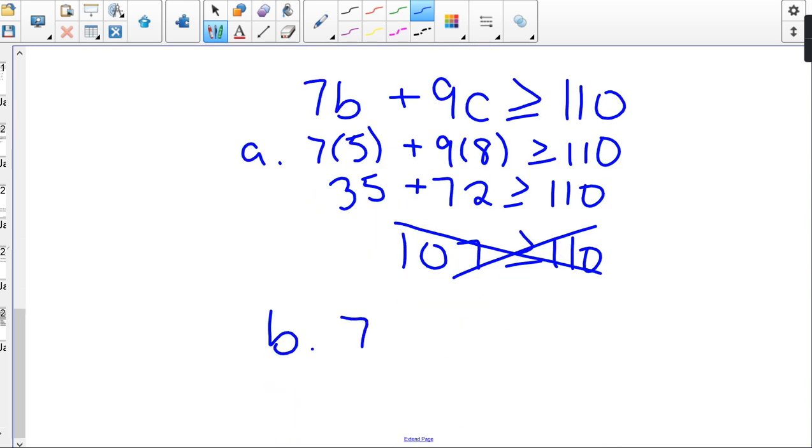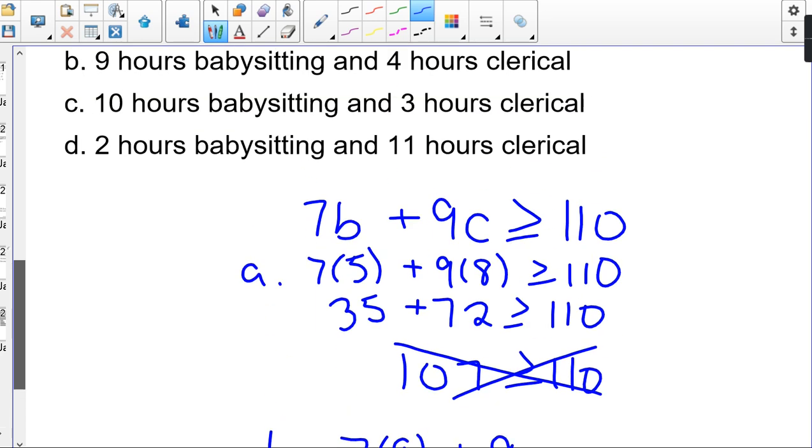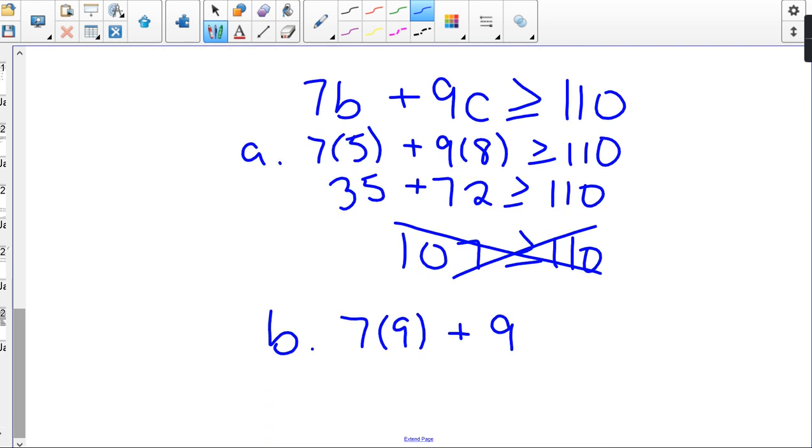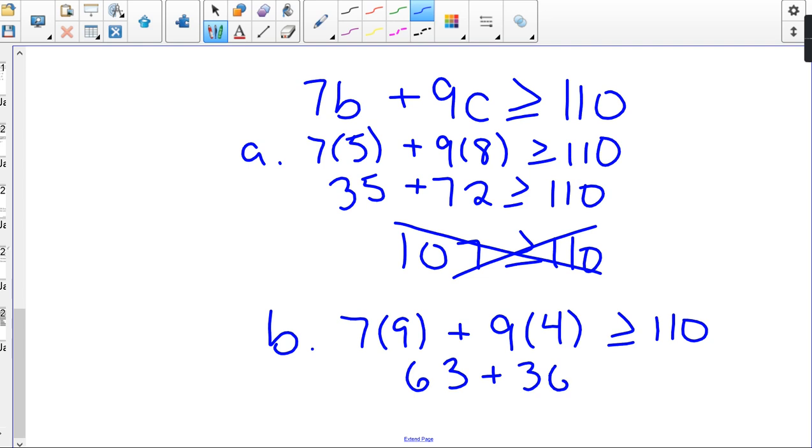So 7 times the hours babysitting, which is 9 hours, plus 9 times 4 hours doing clerical work needs to be greater than or equal to 110. Let's see. $63 and $36. Well, that is $99. So nope, not enough money.